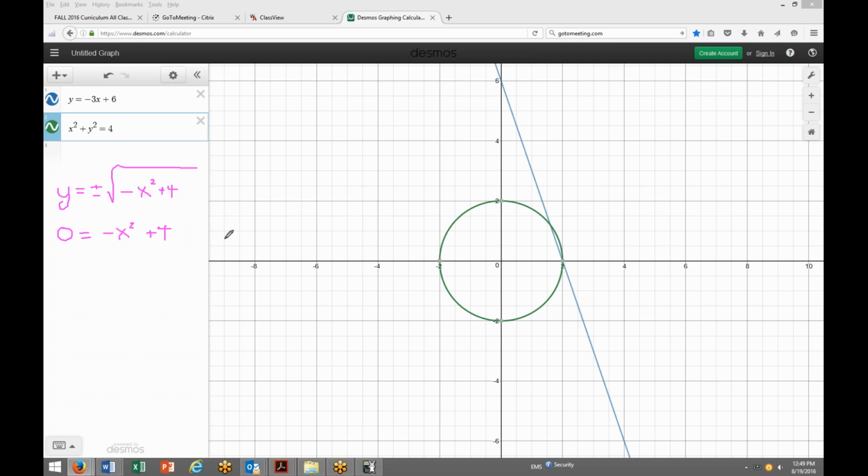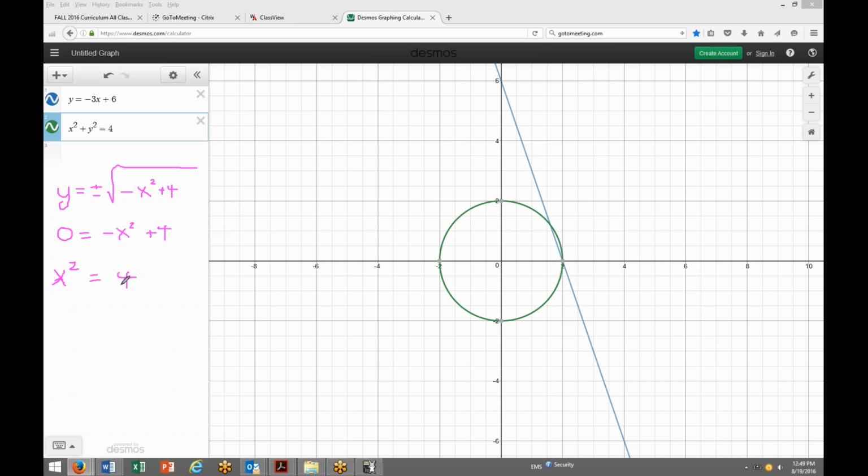And now we have to solve for x. Moving the x squared to the left side, in other words, adding x squared to both sides of the equation, 0 plus x squared is x squared, and negative x squared plus x squared cancels out, leaving only the 4 on the right side. So we have x squared equals 4.